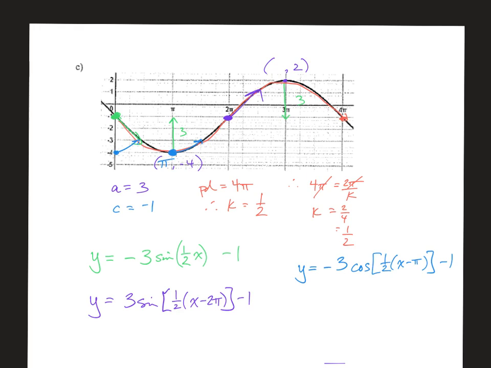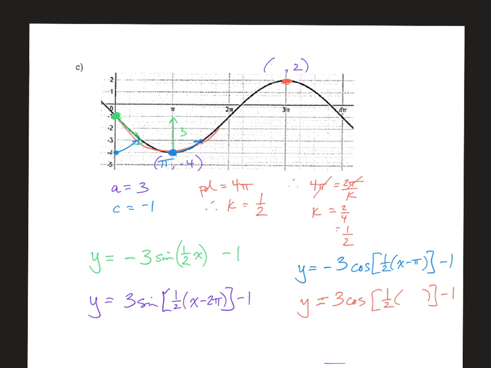Or I take a peek and I say, well, maybe I just used a positive cos graph. I know that my positive cos graphs have maximums. They start at the top. And so if I was to look at where's the first instance where I start at the top, then it's way over here.